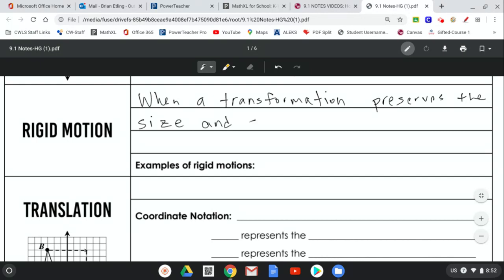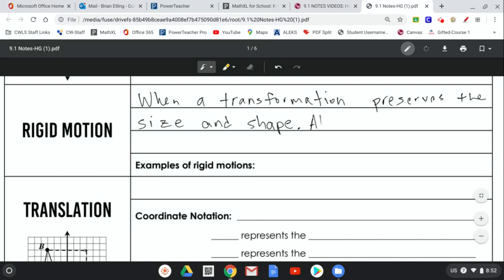So what we're saying here is that this transformation that happens to the original figure keeps the figure the same, so that all the corresponding sides and angles are congruent to each other.